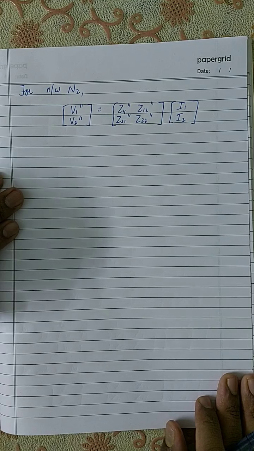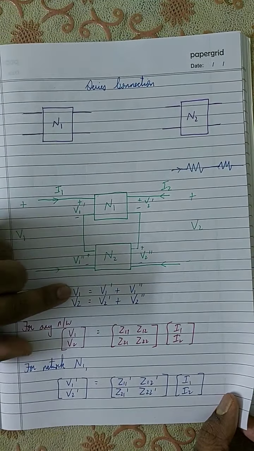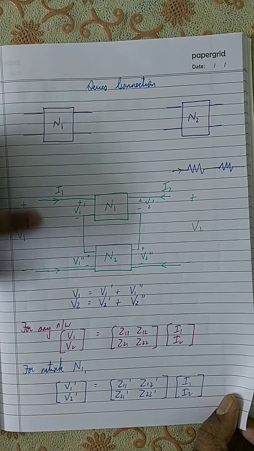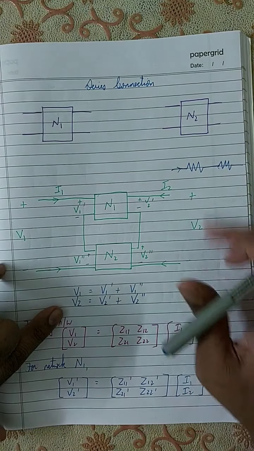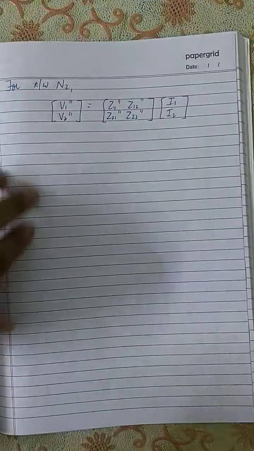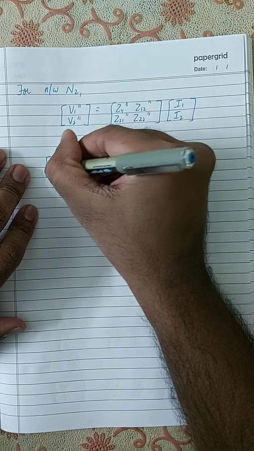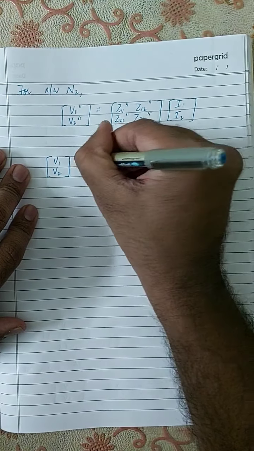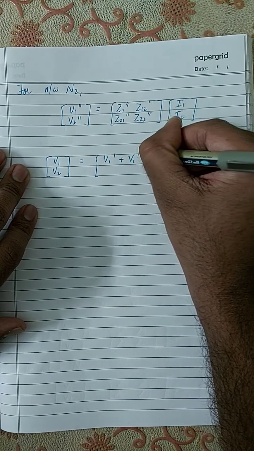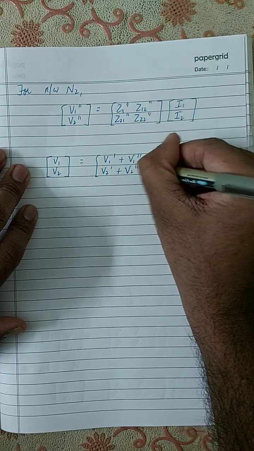We already know that the overall voltage is divided. V1 is the input voltage of the overall series connected network, and V2 is the output voltage of the overall series connected network. So V1, V2 can be written as V1 dash plus V1 double dash, and V2 dash plus V2 double dash.